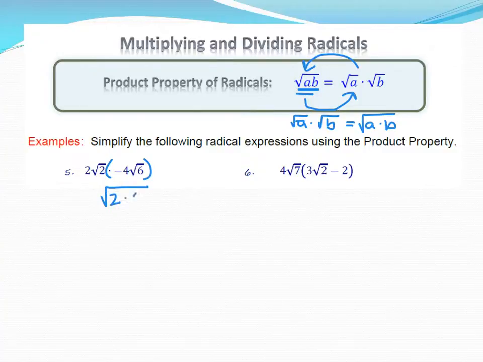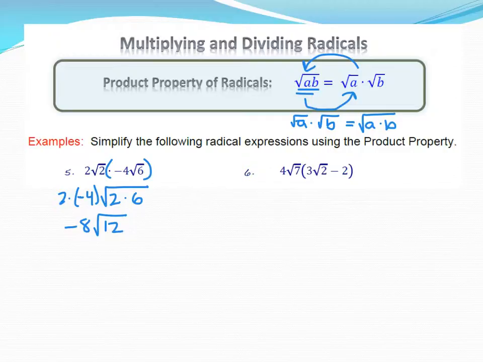It's going to be 2 times 6 underneath. Now, what do I do with the numbers on the outside, 2 and negative 4? Well, remember, numbers on the outside we're going to keep on the outside, so this is going to end up being 2 times negative 4 on the outside. So what does that end up giving me? I'm going to get negative 8 here, and then radical 12 right there, negative 8 radical 12.